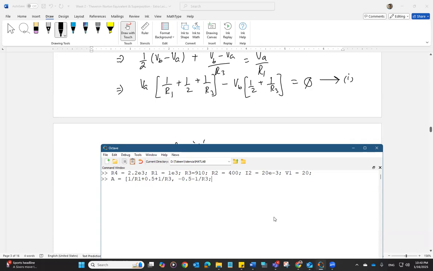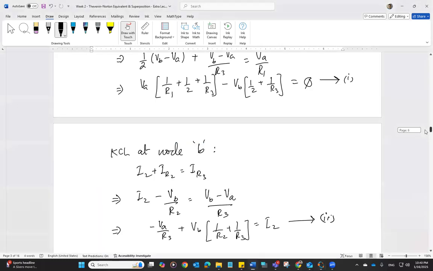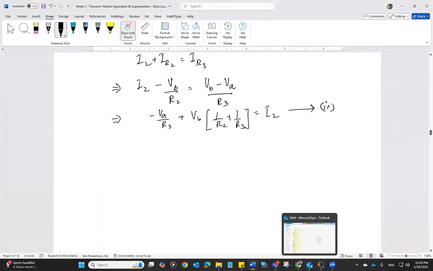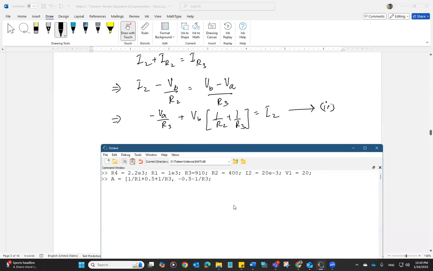My second row, from equation 2, is negative 1 over R3 for VA, and for VB, 1 over R2 plus 1 over R3.